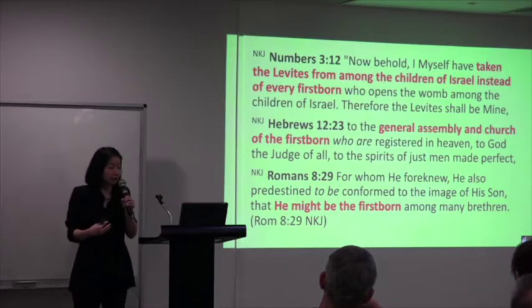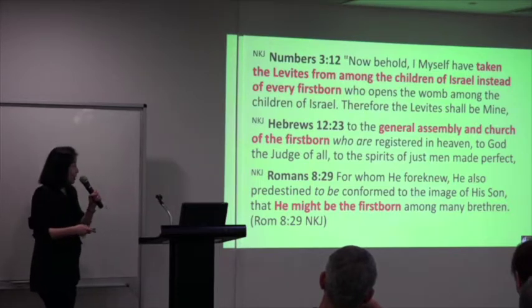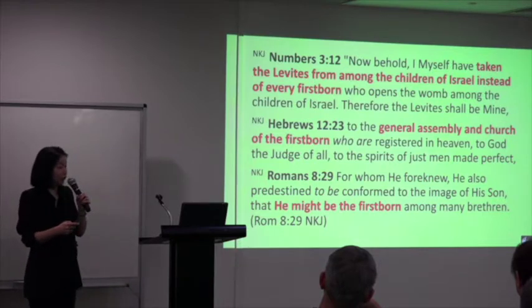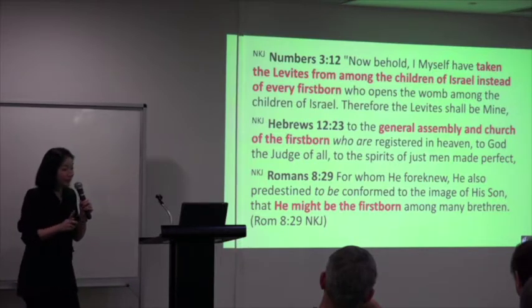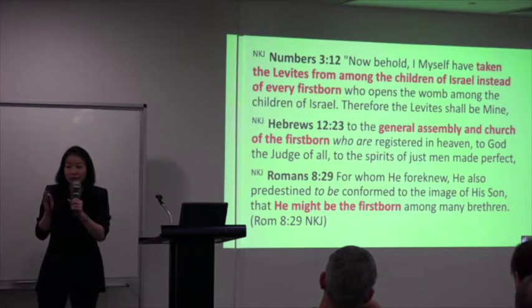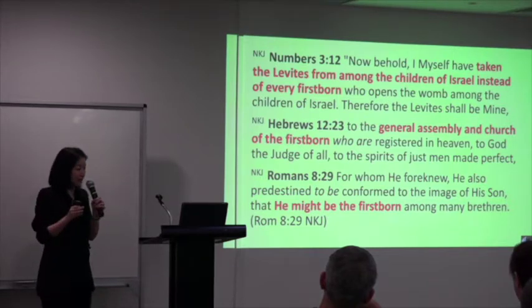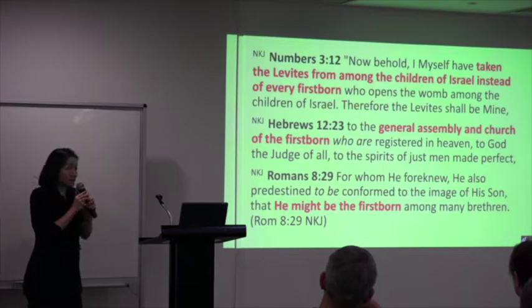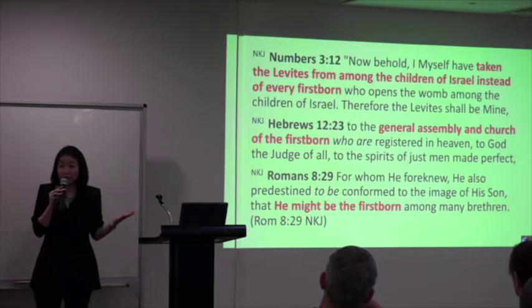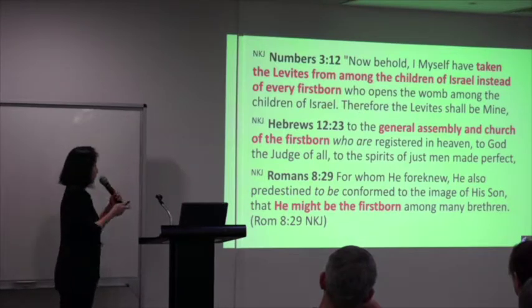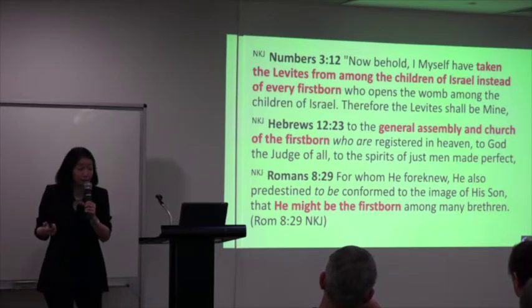Levites belong to God. In Hebrews 12:23, there is a general assembly and church of the firstborn registered in heaven. God is fixated on the concept of the firstborn son. And who is the firstborn? It is Jesus Christ. He is the firstborn amongst all the sons of God.